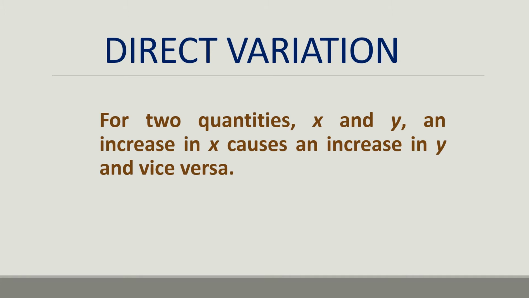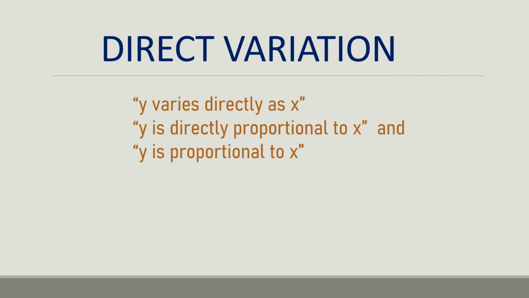Now, let's dive into the first type of variation, which is the direct variation, where an increase in x is also an increase in y, and an increase in y is also an increase in x. Now, you might be wondering what are possible key concepts or good indicators that a problem involves direct variation, aside from the fact that as x increases, y also increases and vice versa.